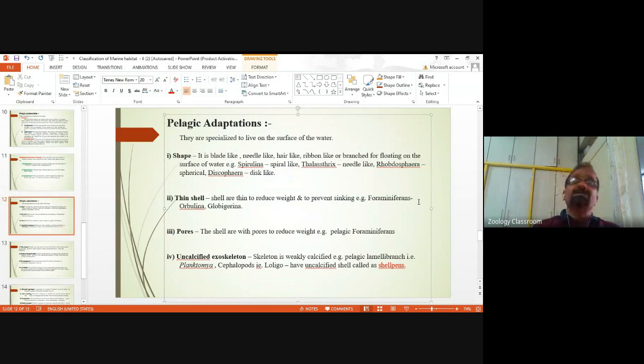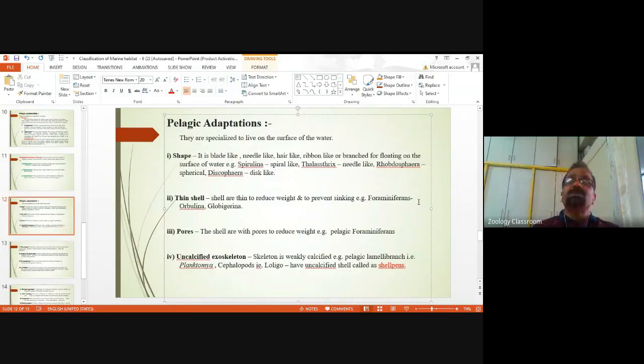So, as far as the shape is concerned, this shape helps in acquiring buoyancy in the water, and because of this, the organism can easily float on the surface.